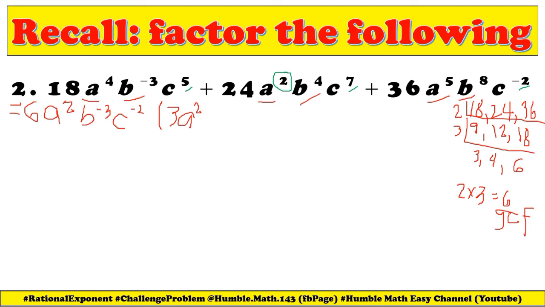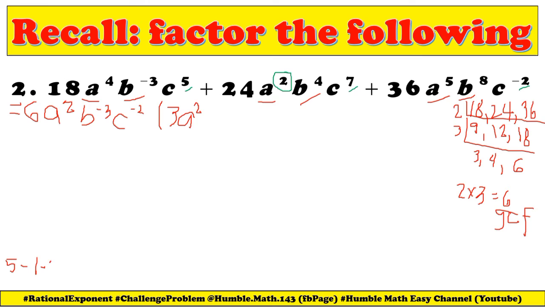But then b to the negative 3 and b to the negative 3 cancel, so we have no b here for the first term. Then c to the 5 divided by c to the negative 2. Again, in this case, we subtract 5 minus negative 2.